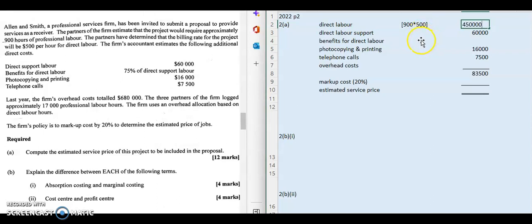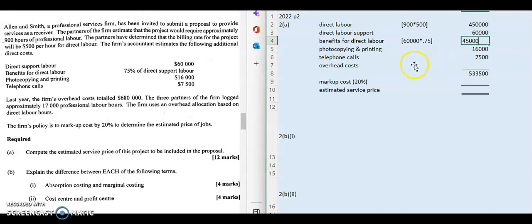And then it says that the benefits for the direct labor is 75% of the direct labor support. Now the direct labor support is 60,000, so 75% of 60,000 is what we have to work out. 60,000 times 0.75, or 75 over 100, and that will give us 45,000.